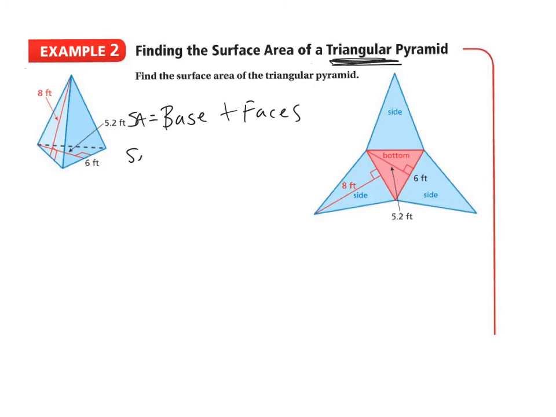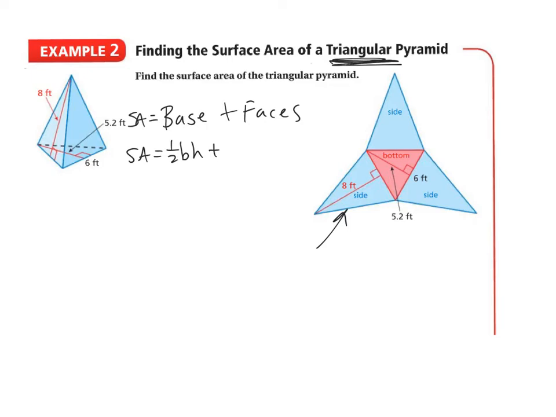I always forget to label it. So surface area is equal to, well, a triangle is 1/2 base times height. So are the faces, but in this case, how many faces do we have? We have 3. So I'm going to say 3 times the 1/2 base times height of each one of these faces. Just for fun, let's change these to blue so we can remember the difference.